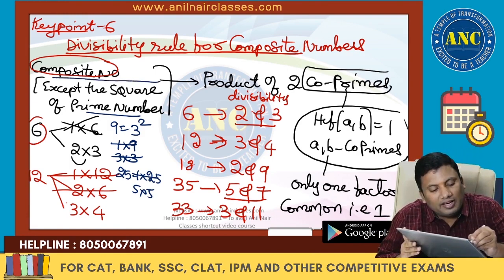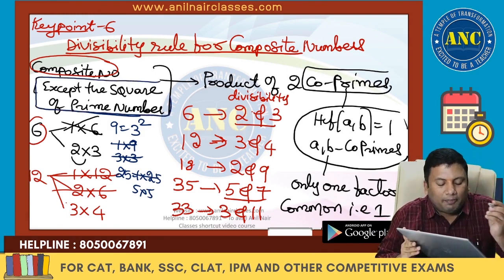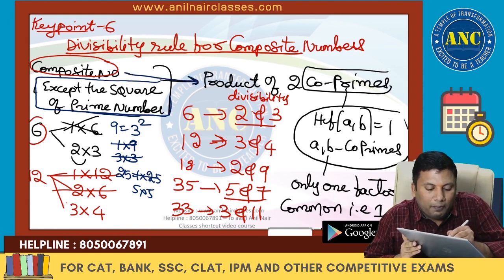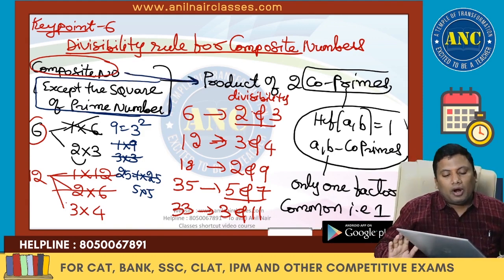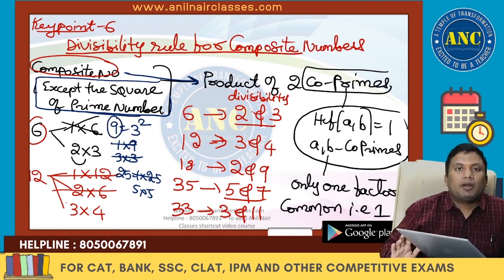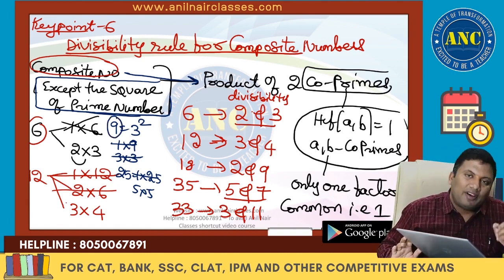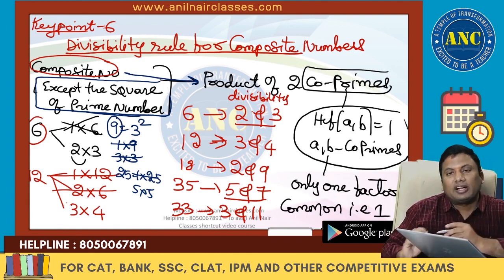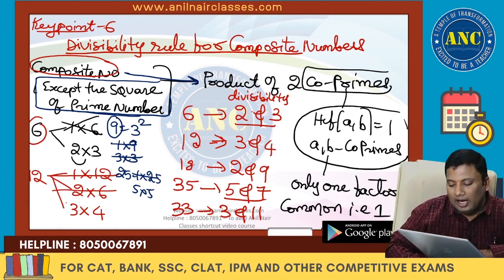In whichever case, except the square of a prime number, every other composite number can be written as a product of coprimes. If it is the square of a prime number, we will use Euler's theorem. For enrolled students, I have already discussed 40-50 questions only on Euler's theorem. I hope the idea is clear.